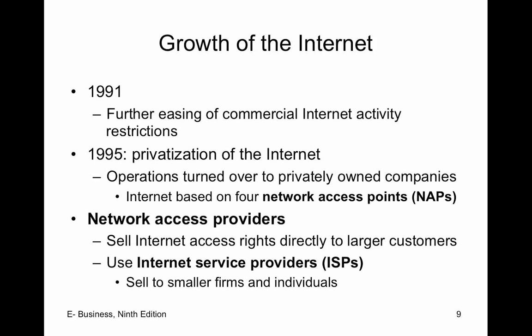Okay, so I move here. The growth of the internet. The internet, since it was developed, has continually grown. It was only during the 1990s when the internet was used really for e-commerce. So it is around this time.